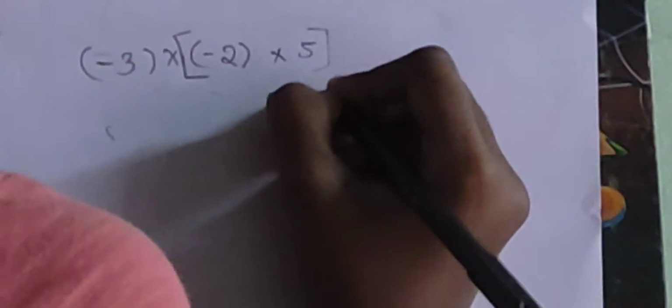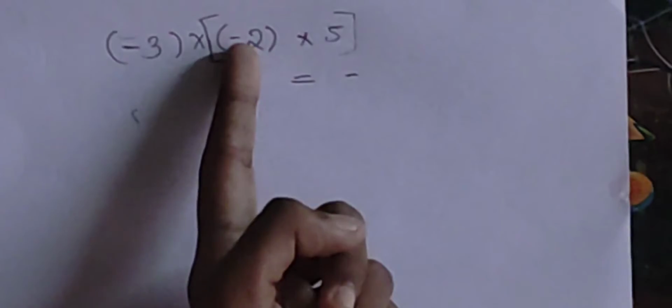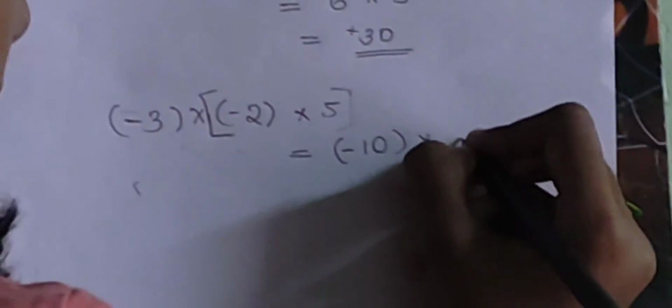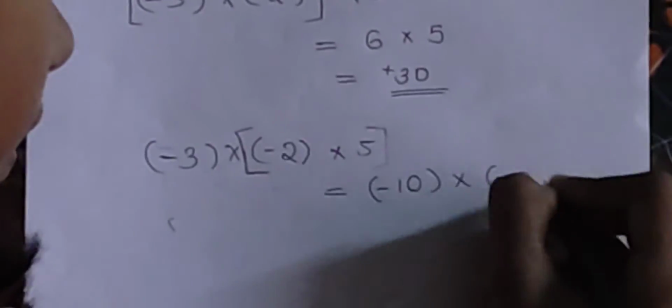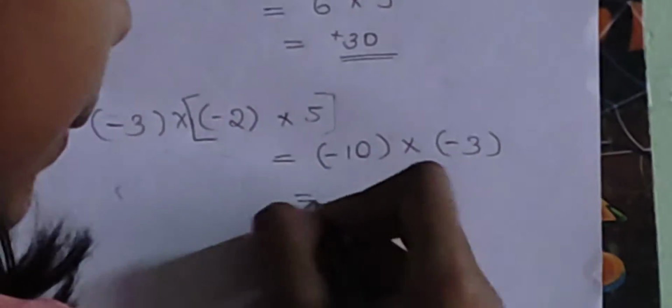Negative 2 into 5 is equal to negative 2 into 5, 10. Negative 10 into negative 3 is equal to 10 into 3, 30.